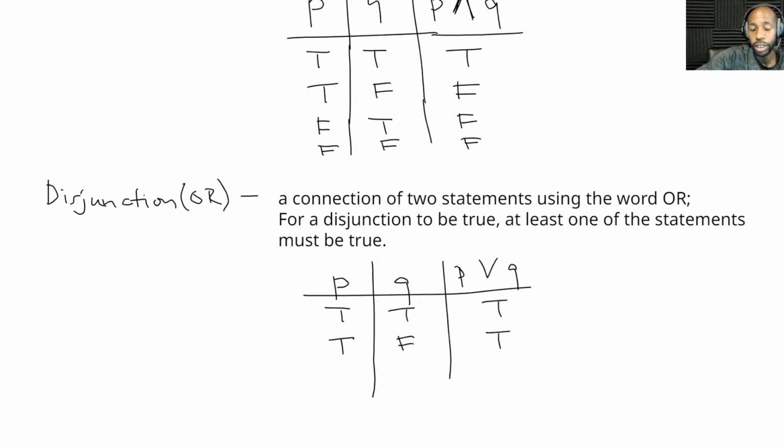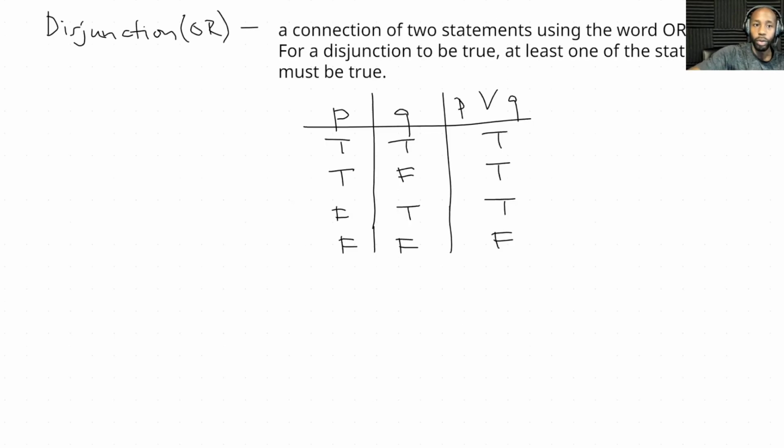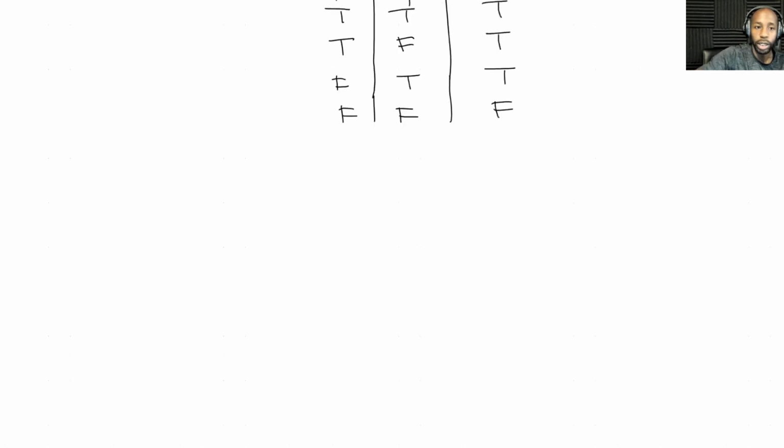This is false, and this is true. It's still true. And then if both of them are false, then the whole thing is false. Because you have to have at least one of them to be true for the whole thing to be true.